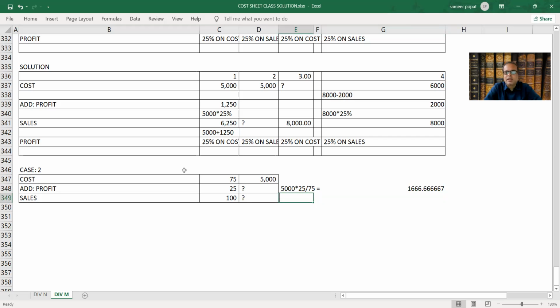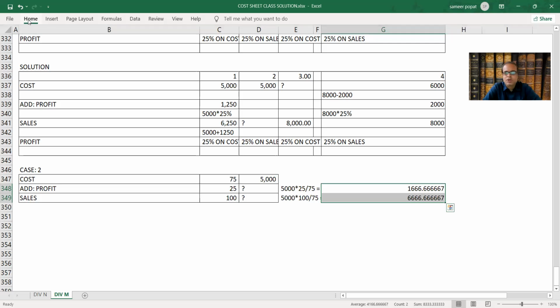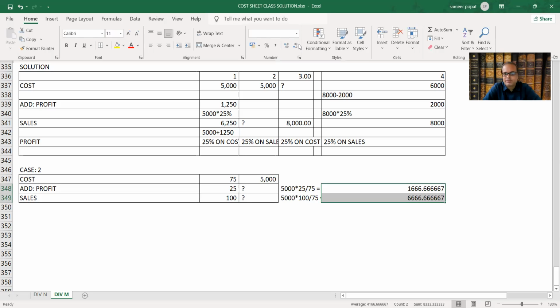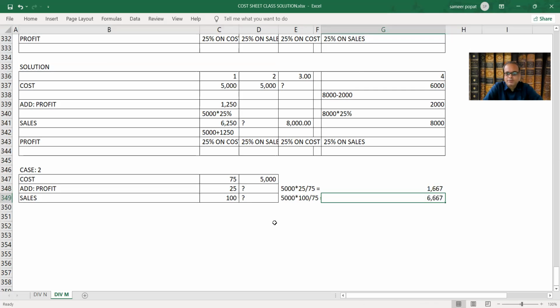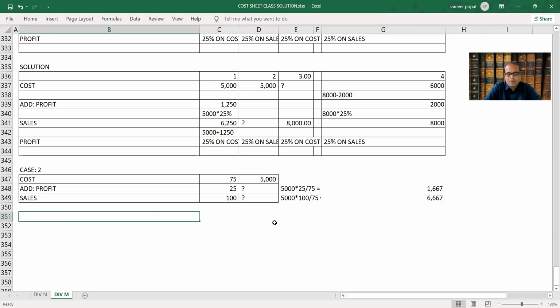Similarly, here if we cross multiply, 5,000 into 100 divided by 75, it should be 6,666.66. That means we can round off to 6,667. Got it, everyone?